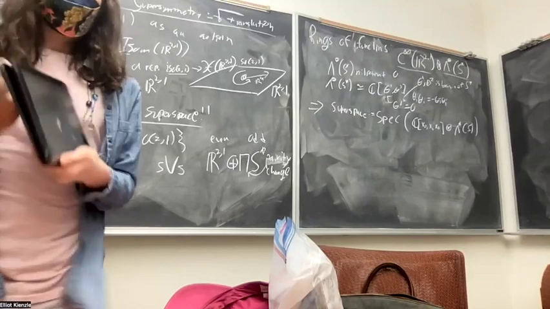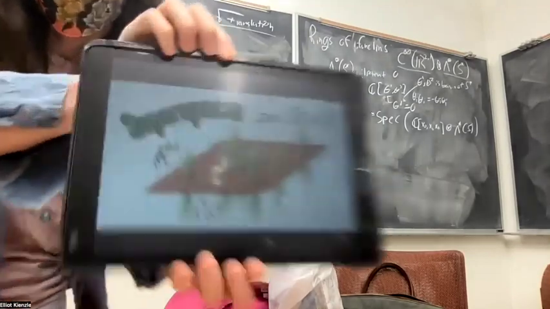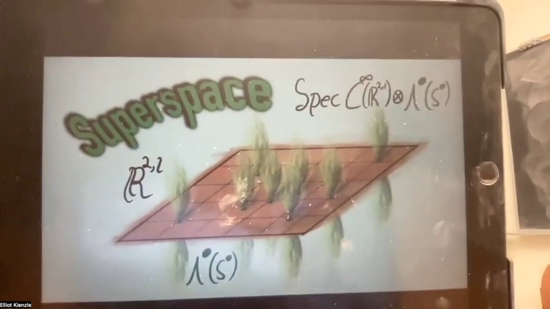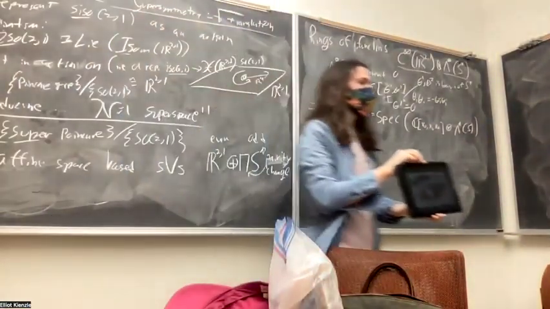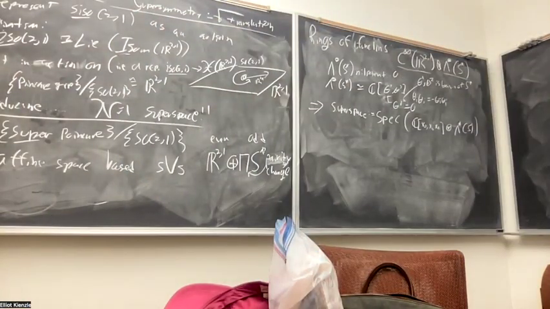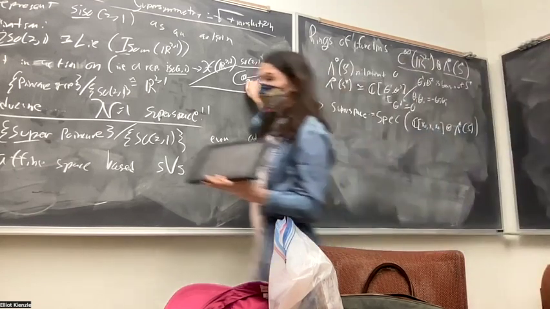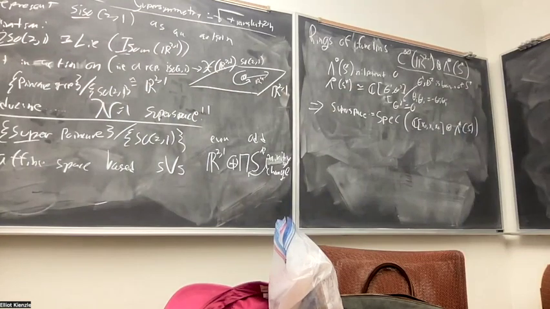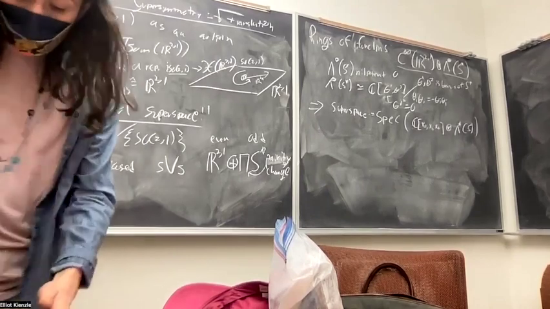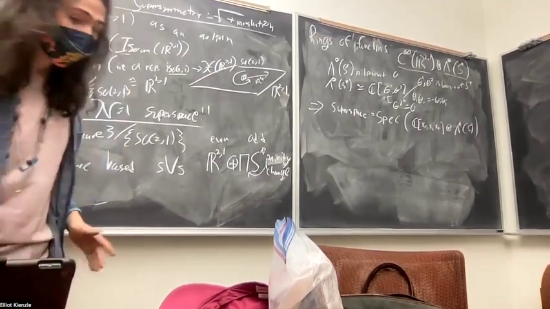So here's how we can try to visualize that. Here is our little map of superspace for the sake of the video. The underlying topological space, as Eric was saying, has all of its points just R2,1, the usual vector space. But we're adding fuzz to it, which we can think of as extra information that our functions carry at these points.